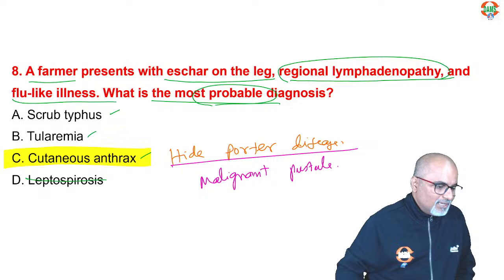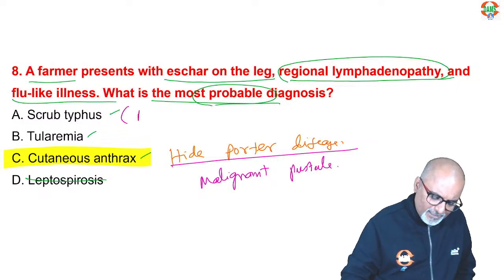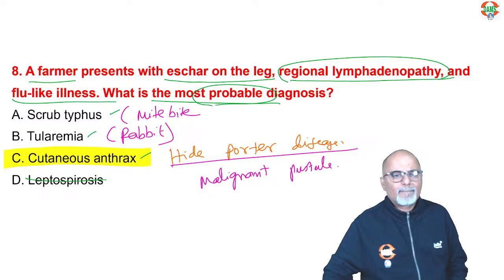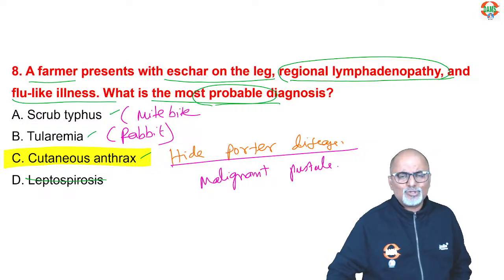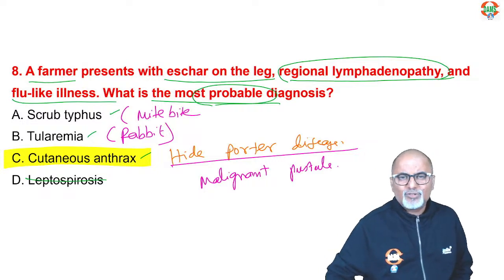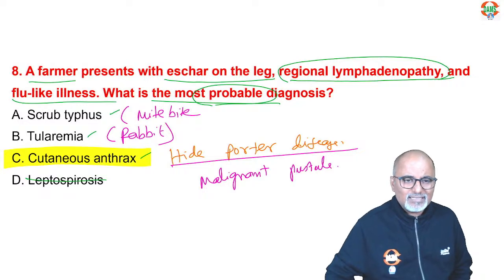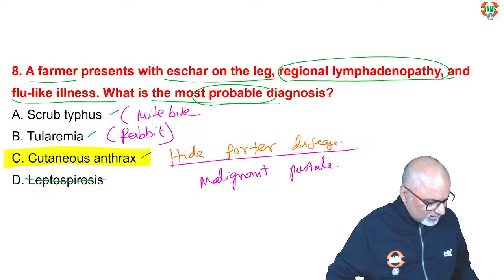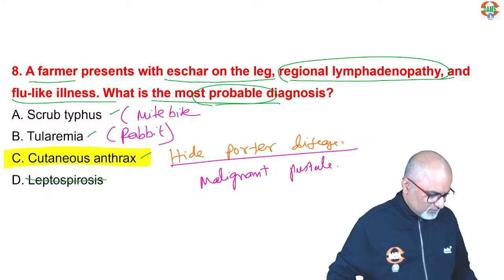Scrub typhus means history of mite bite. Tularemia means close contact with rabbit. Farmer, usually without any clue, the most common is cutaneous anthrax.